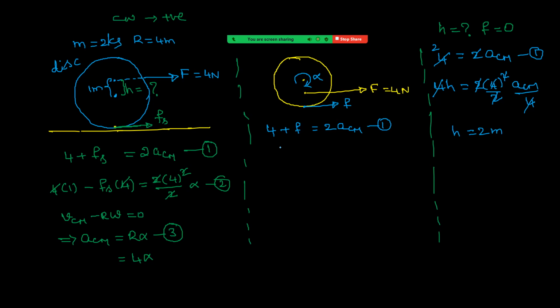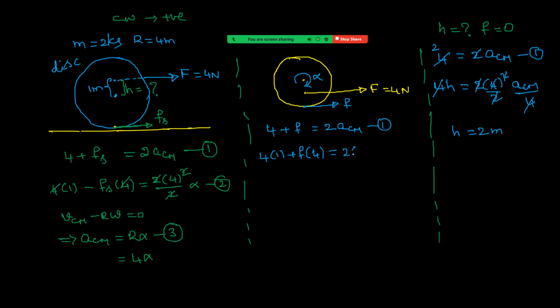So the equation I'm writing is 4 into 1, that is anti-clockwise, plus F into 4, again anti-clockwise. If you take clockwise as positive, then this will be negative, or if you take anti-clockwise as positive, clockwise will be negative.